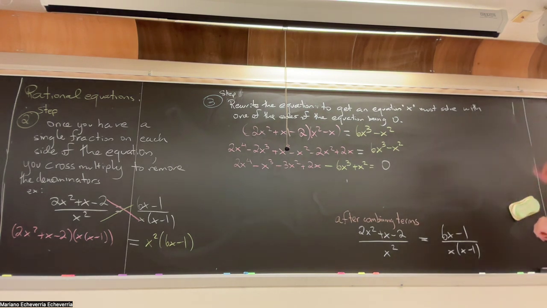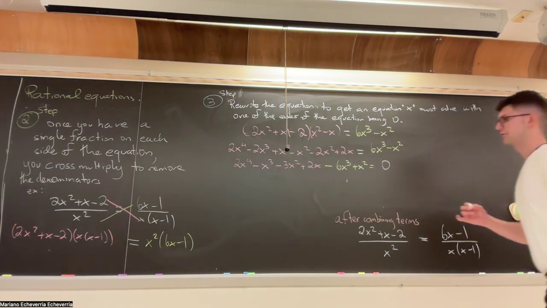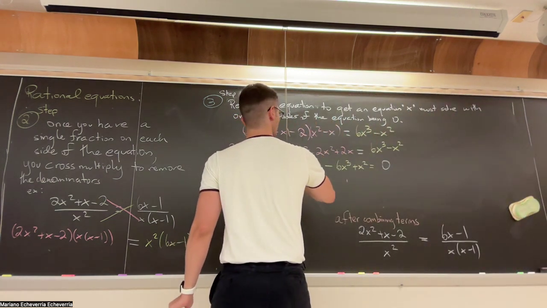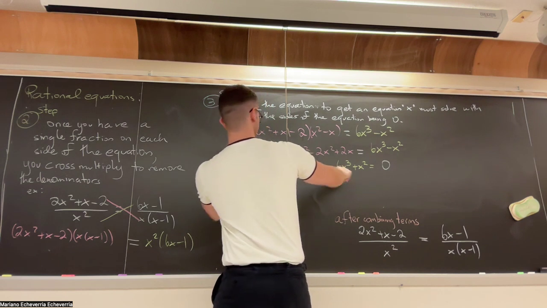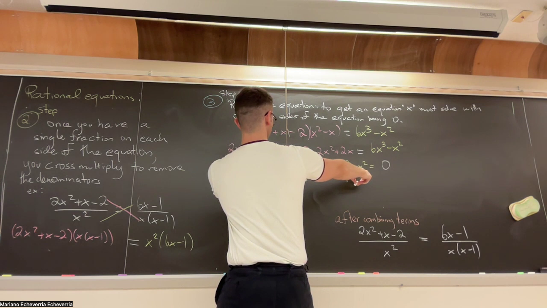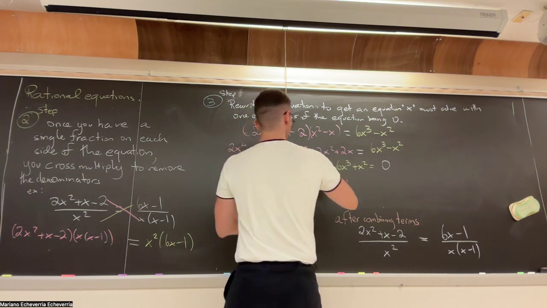And so you end up getting an equation for x, which looks like this. This with this gives you 7x cubed. And then this with this gives you minus 2x squared.